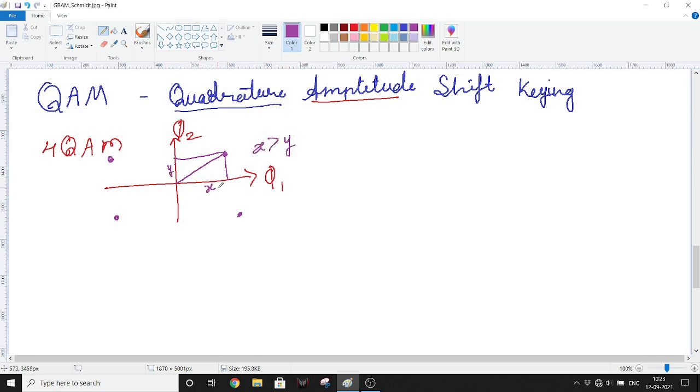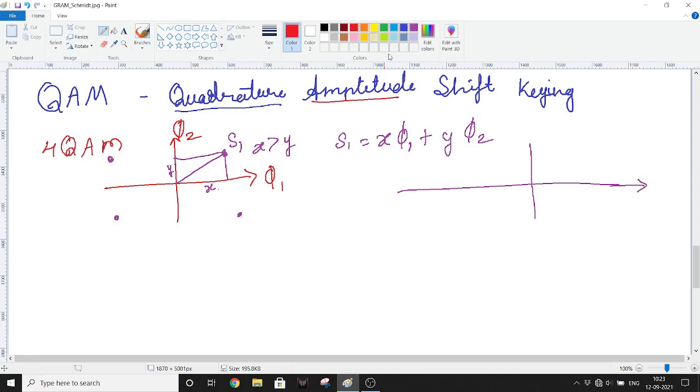So hence there's a difference in the combination of phi 1 and phi 2 contents in this symbol S1. So S1 is equal to x of phi 1 plus y of phi 2. Fair enough? And the same combination goes with the other four. But for my curiosity, I want to test or experiment with symbols represented in this way.